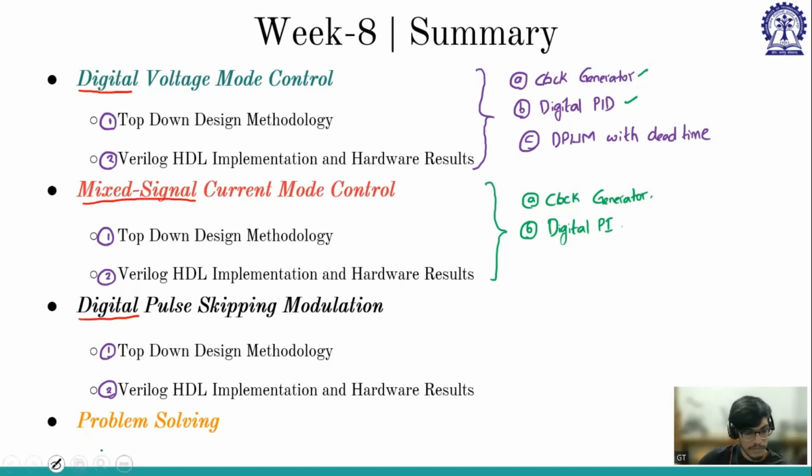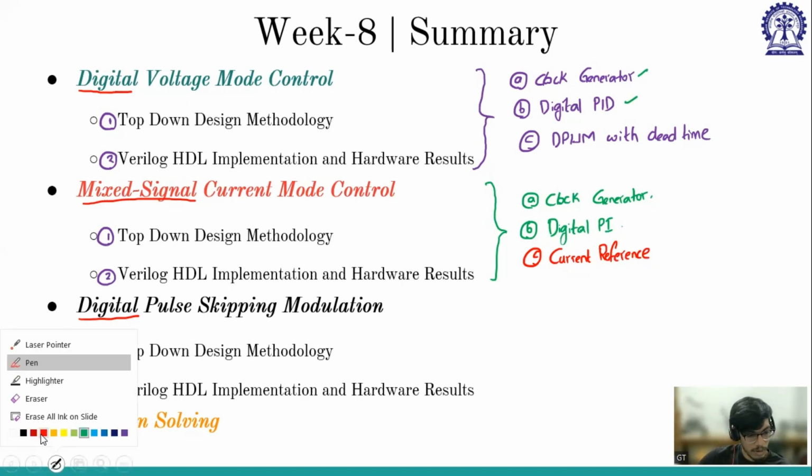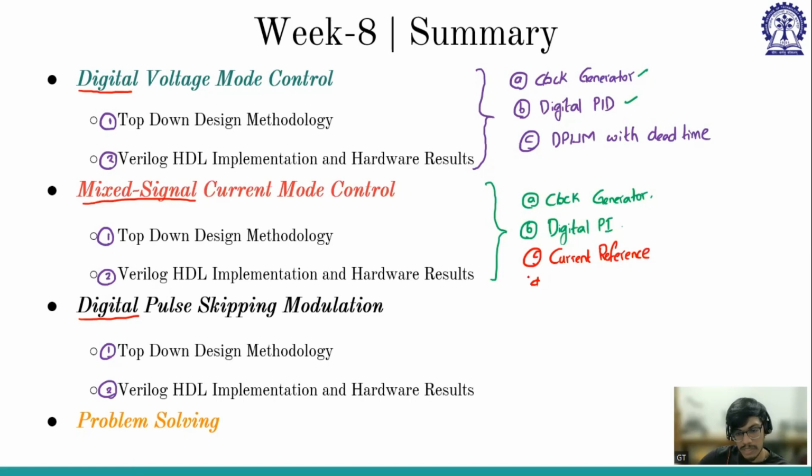Then the important point is the current reference. We discussed what the current reference is, why it is needed, what its main purpose is, how it works, and how to write it in Verilog HDL. The last one is again the DPWM, or gate pulse generation, also DPWM with Deadtime, or pulse generation with Deadtime.